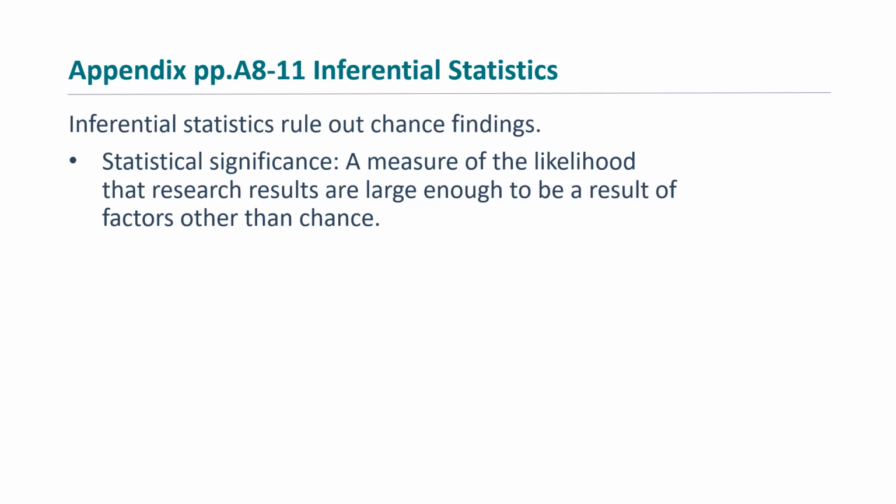And so in order to generalize and say that what I found in the study will also be true for others, you have to have what's called statistical significance, as it says on the screen here. So you cannot generalize your findings unless you achieve statistical significance.